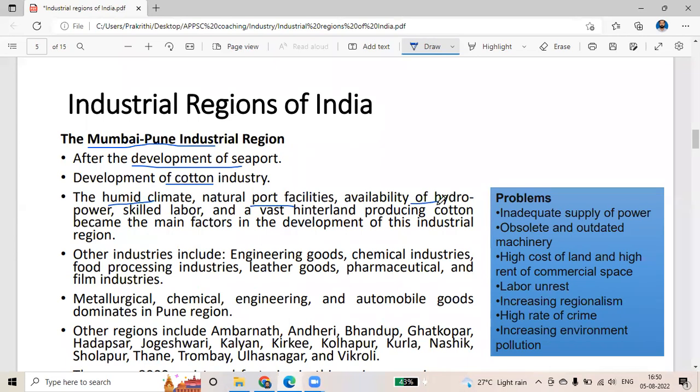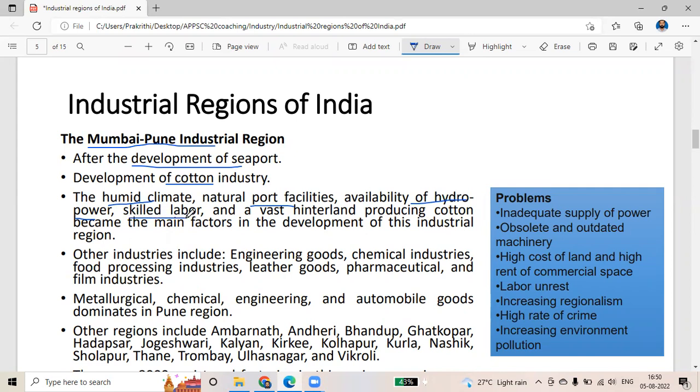Then availability of hydropower. For any region's industries, we said there should be some power. Power देने के लिए कुछ चीज तो होनी चाहिए. So Mumbai-Pune region has also these hydro power projects. Then skilled laborers है उसी area पे.